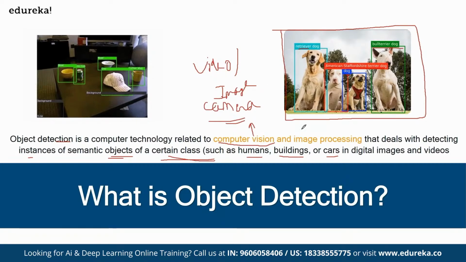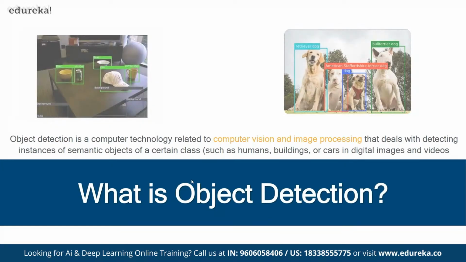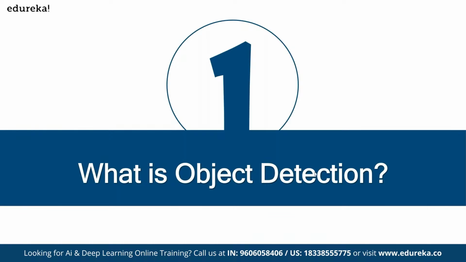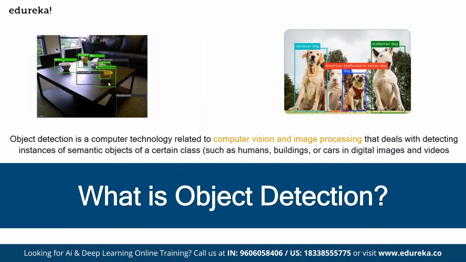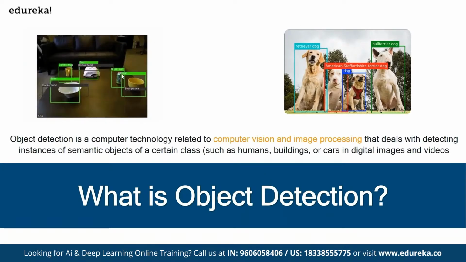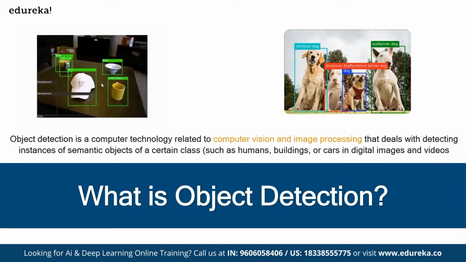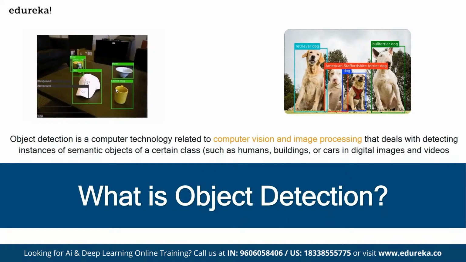And if you look at the image on my left hand side, I'm doing the same thing. I'll just start the slide share again so that you can visualize it. See, I'm identifying what exactly is present on top of my table. I can see there is a soda can, a hat, a cup, a coffee mug and everything.